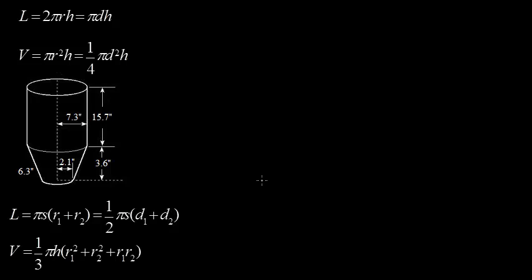Let's go ahead then and first find the lateral surface area of this image. Right, the lateral surface area would be the lateral surface area of the cylinder plus the lateral surface area of the frustum. So lateral surface area of the cylinder, we know that lateral surface area is 2 times pi times the radius of 7.3 times our height of 15.7.